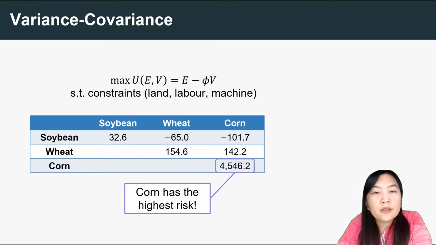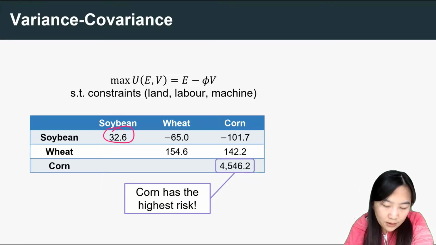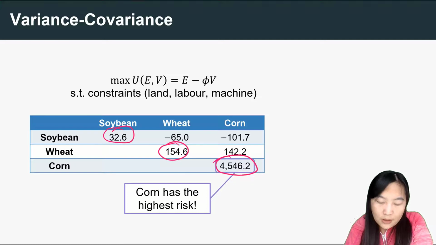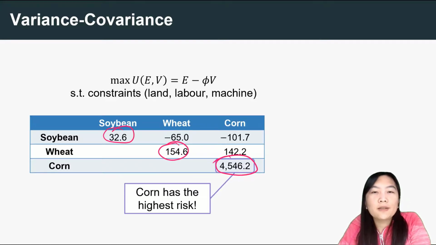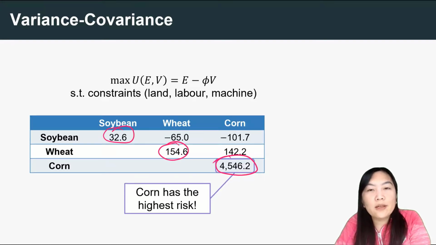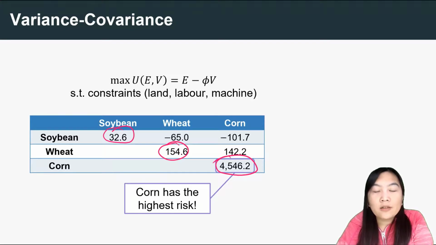Let's focus on the variance first and leave covariance for a little bit later on. So here, if you compare these three variances, you can see that corn is associated with the largest number here. And we mentioned that variance is a measure of risk.